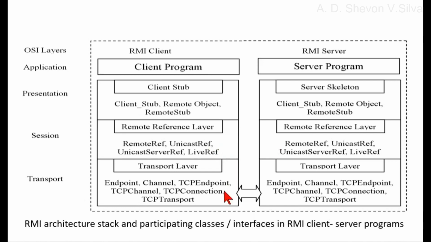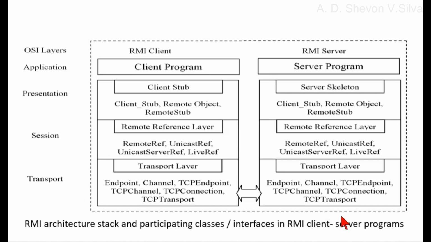Transport layer. The transport layer provides basic connectivity between JVMs using stream-based TCP network connections. RMI uses the Java Remote Method Protocol, JRMP, RMI specification 1999, a wire protocol on top of TCP/IP. JRMP is a proprietary protocol.